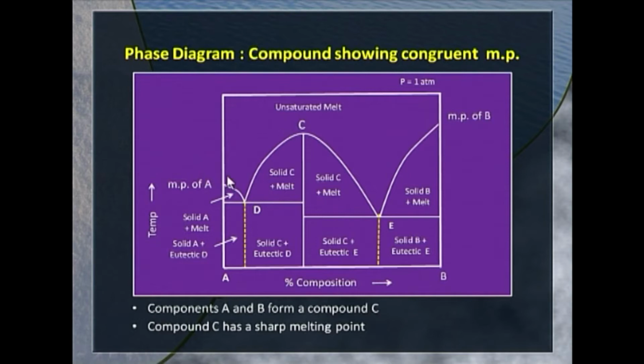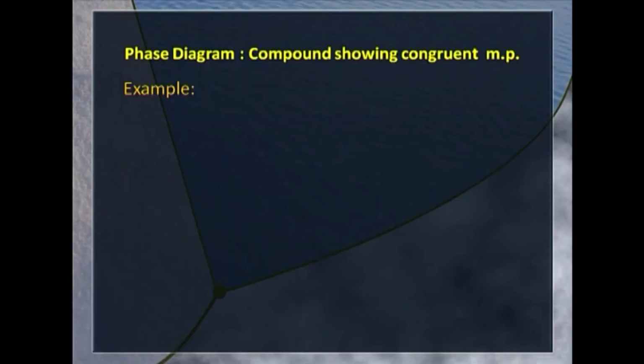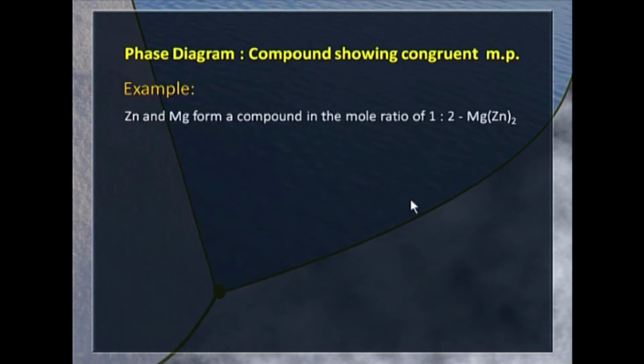This system has a lot of applications. Let us look at an example of a system which shows compound formation, and the compound has a congruent melting point. The compound that is formed between zinc and magnesium in the mole ratio 1:2 has the formula MgZn2.